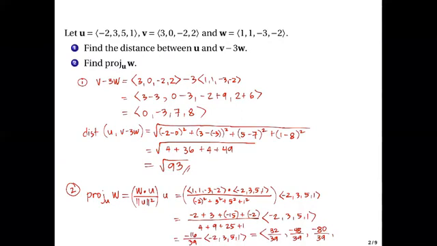And then negative 16 over 39. So this is the projection of w onto u. Okay? Questions?